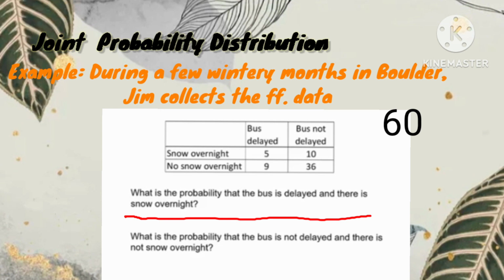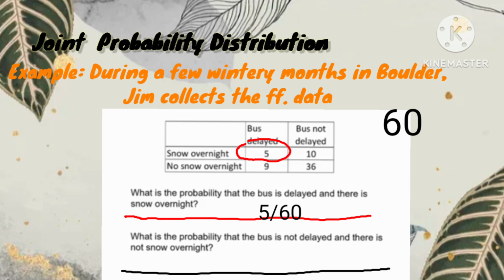We look at the table and the answer is 5 over 60. And the second question, what is the probability that the bus is not delayed and there is no snow overnight? The answer is 36 over 60.